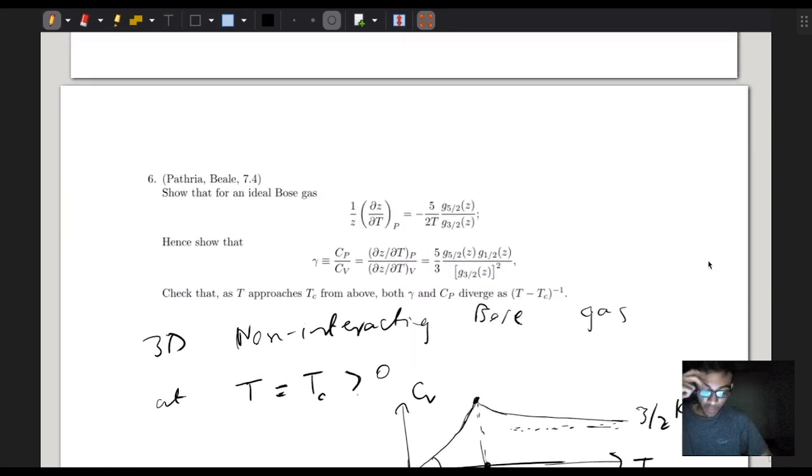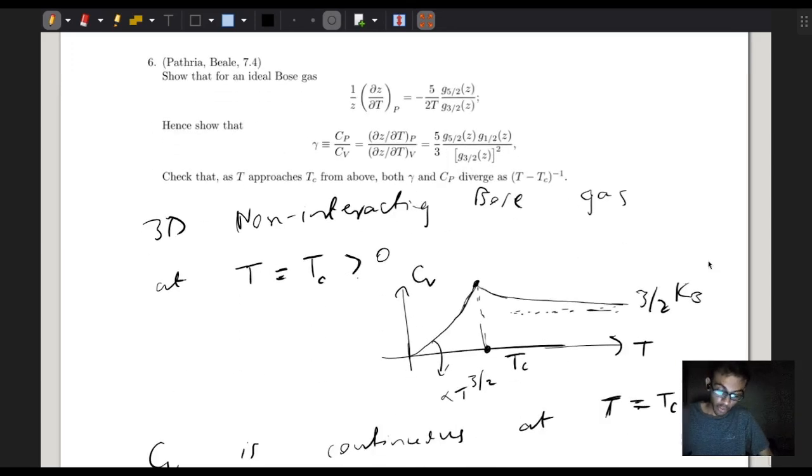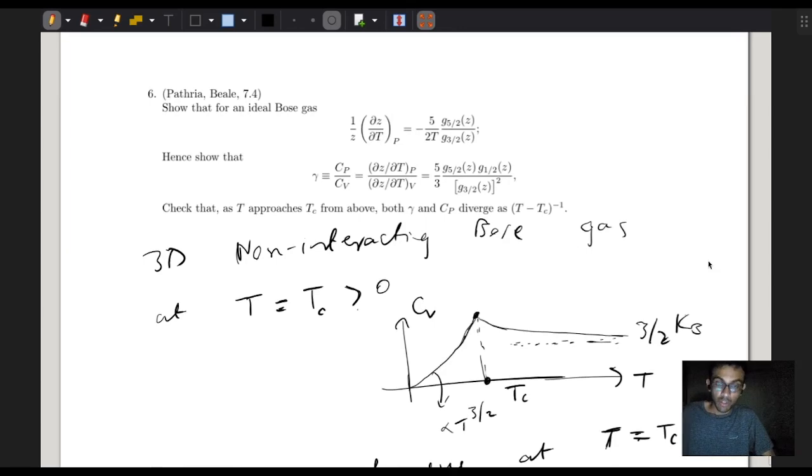Some steps have been given, so let's just follow that. Before this, we'll need one more result, which is about this ∂z/∂T at constant volume.